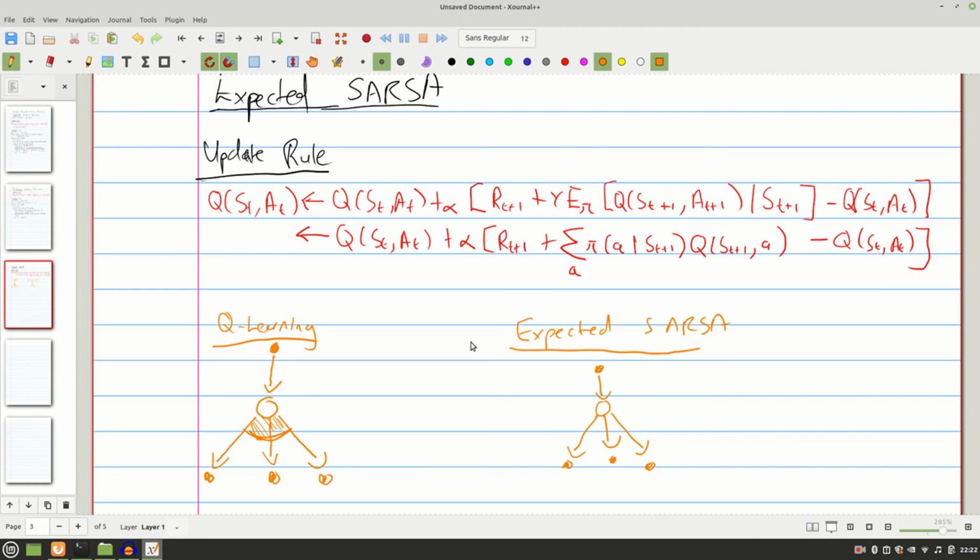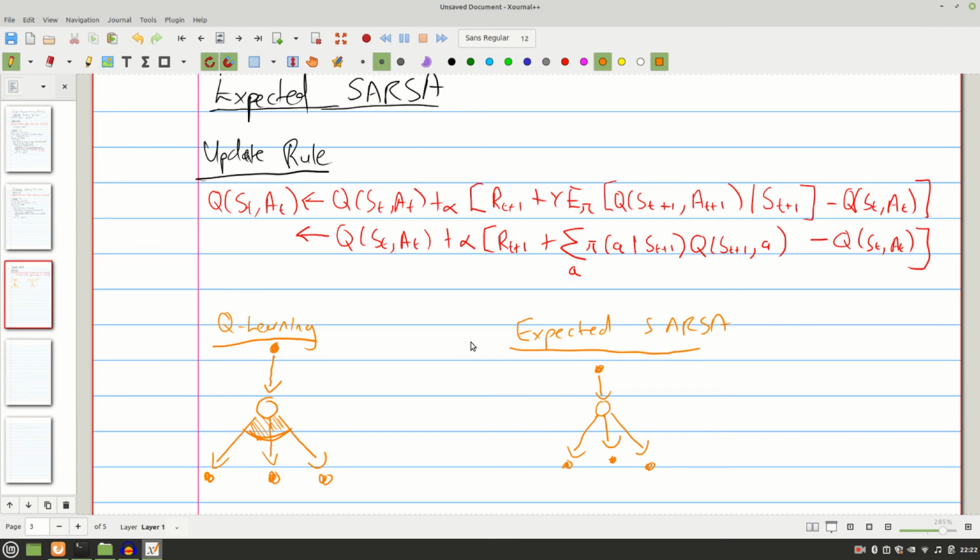But by taking the expectation, we effectively reduce this variance due to the random selection of A_{t+1}. That's why in certain cases, or in most cases I guess, expected SARSA might perform better. So I'm done with this particular lecture.